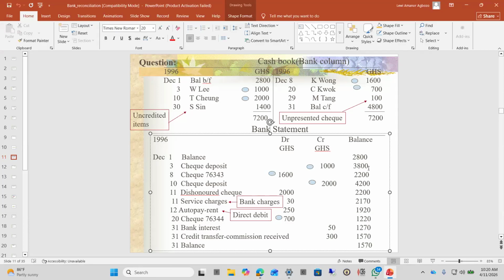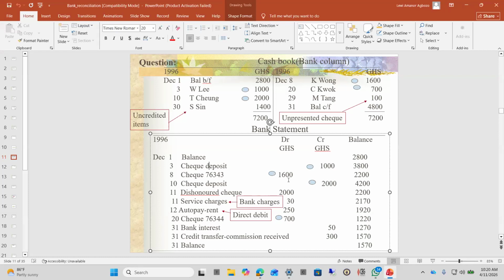Yes, sir. Good. So we move on to the 8th. On the 8th, our cash book is saying that we issued a check to K. Wong. That is 1,600. So we came to the bank, he went to withdraw the money, so it has been debited. Is that okay?